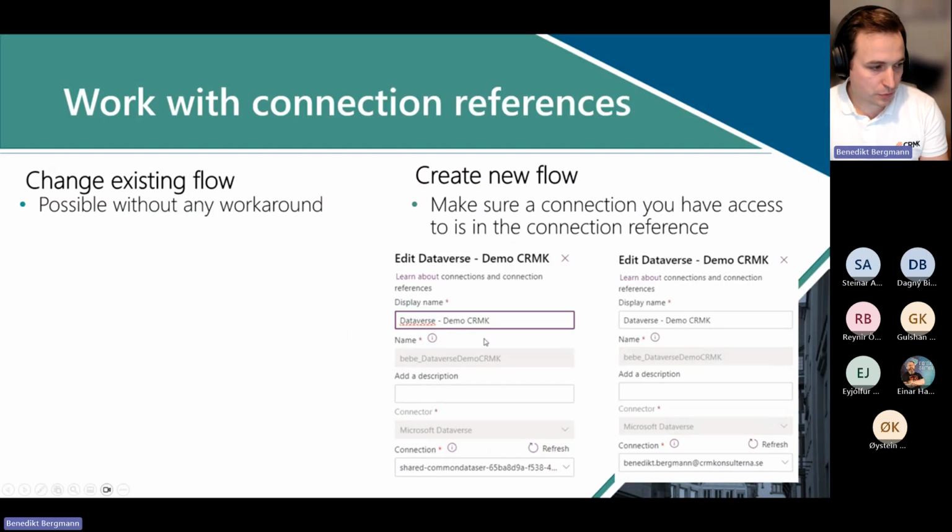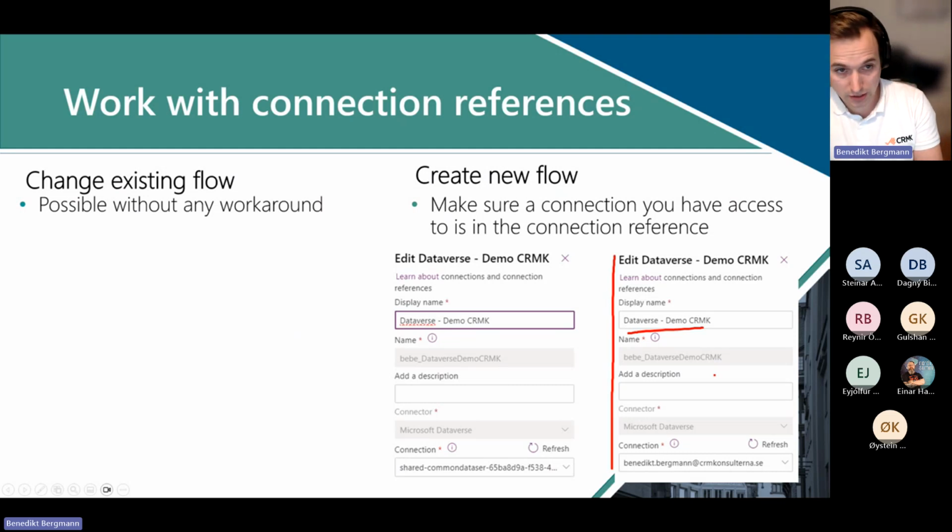So if I would try to create a new flow with this setup, it will automatically create a new connection reference for the same connector, but using one of my connections. Whereas when I create a new flow with that setup, it will use this connection reference instead. And that's how we get it to work, that we only use the connection references that we have, and we only have as few as possible, and we don't let the system create new ones for us on a random basis.